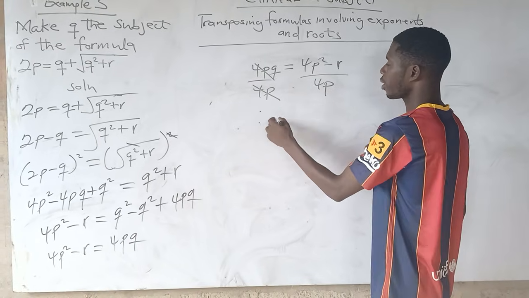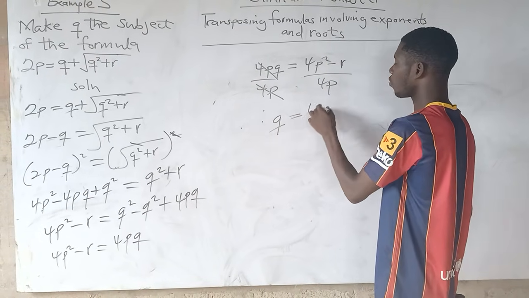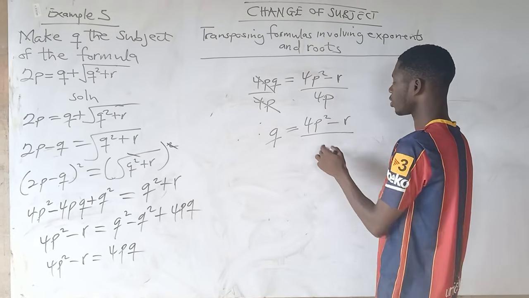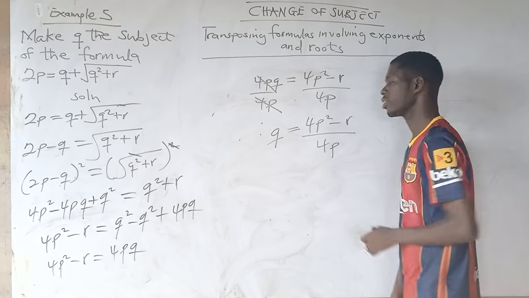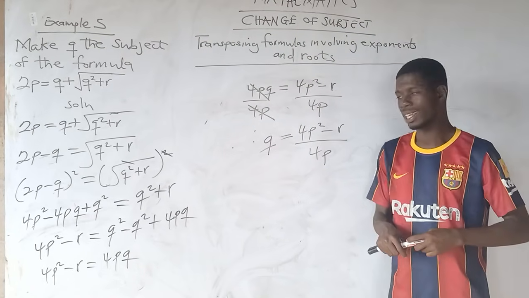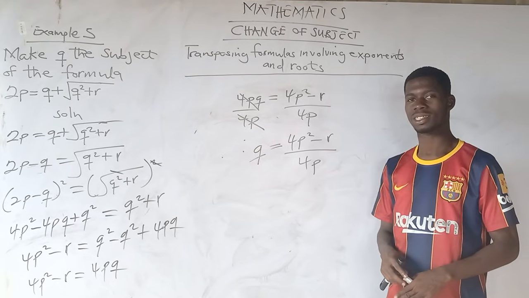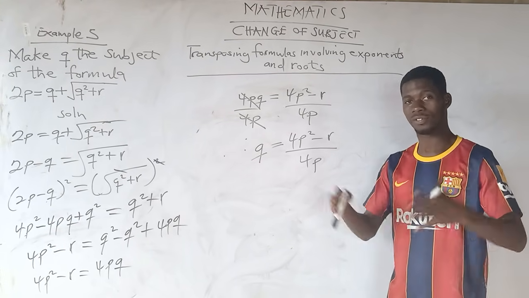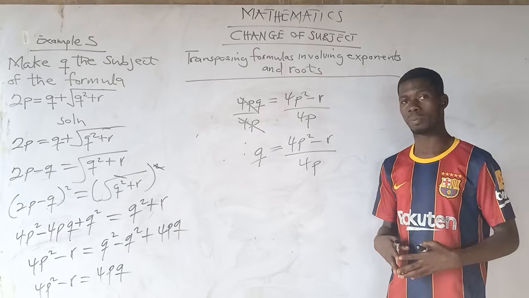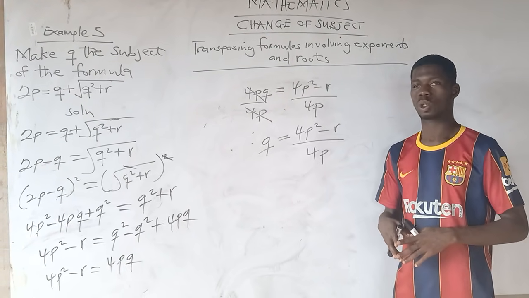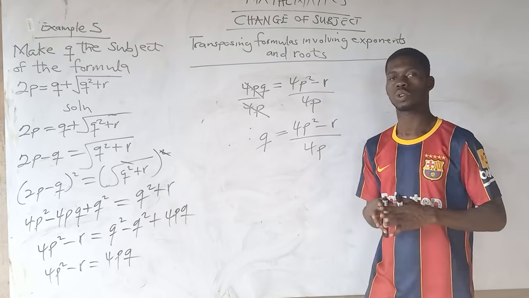So therefore, q is equal to 4p squared minus r all over 4p. So that is the final answer for this question. So easy as well. If you are able to expand it, you just follow the process, then you arrive at the right answer. So this is the end of today's lesson.